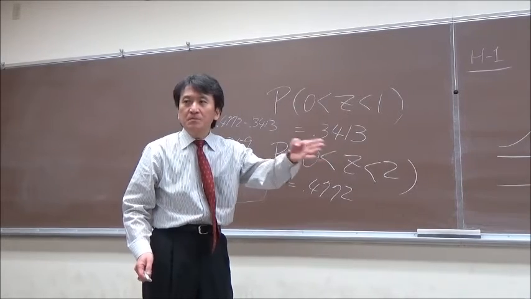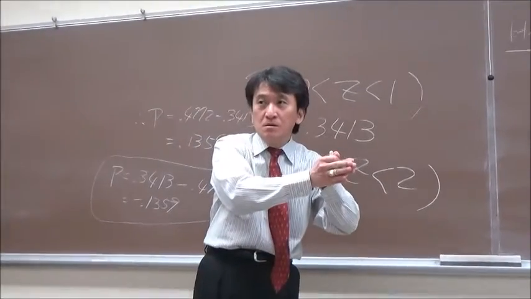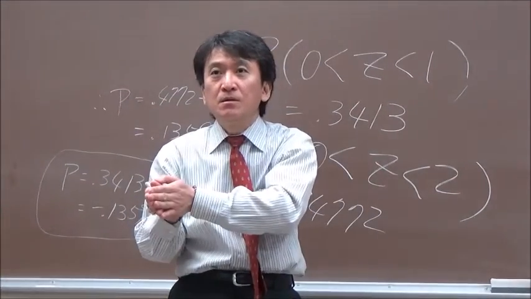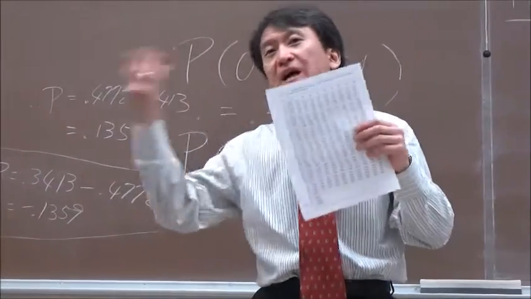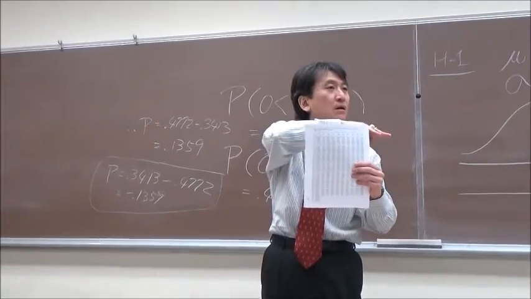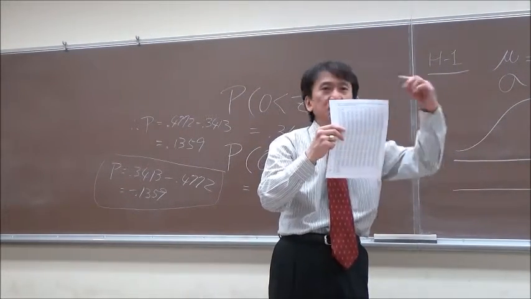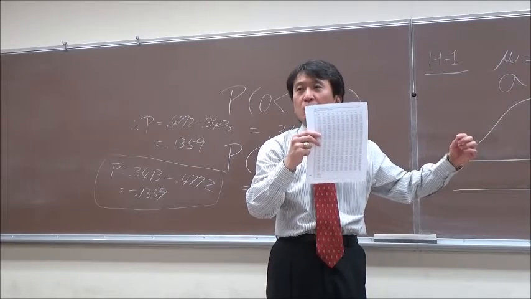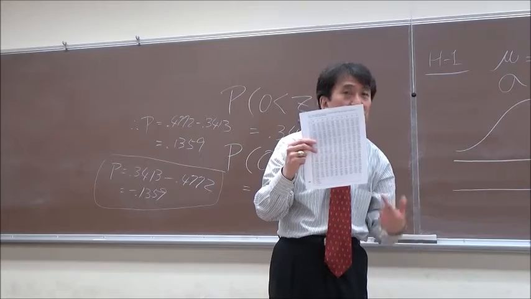Remember, depending on whether a particular z-score is below the mean or above the mean. This table only shows the positive side. Because it's symmetrical, we don't need another table. All we have to do is change signs, plus or minus.